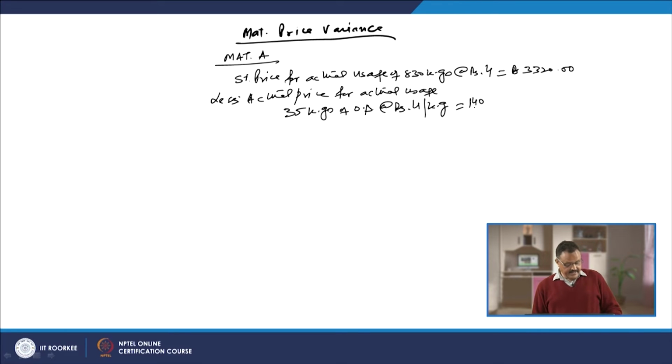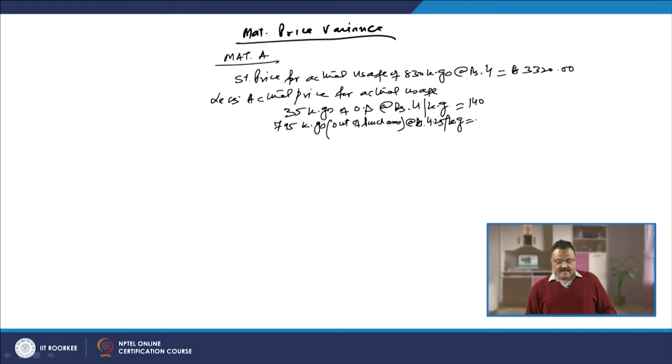And the second thing here is the remaining material, that is 795 kgs, out of purchases, at the rate of rupees 4.25 per kg.